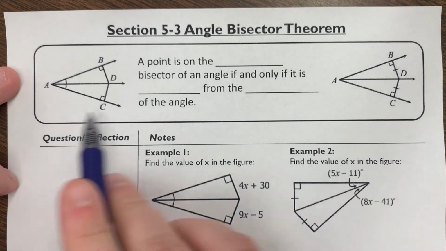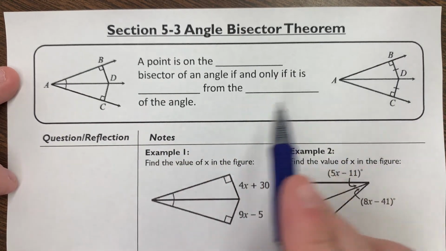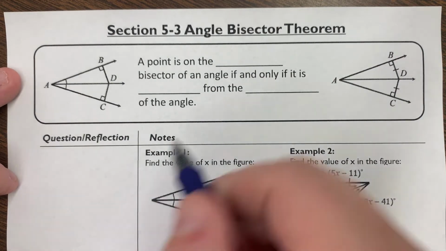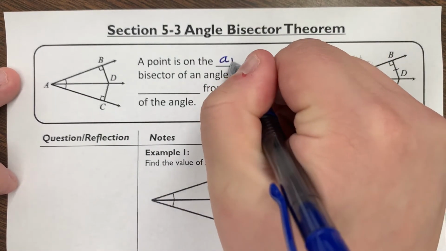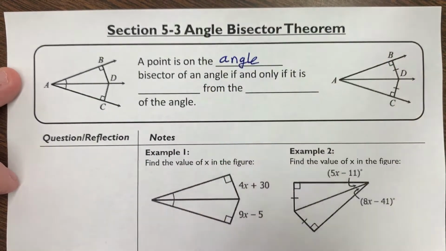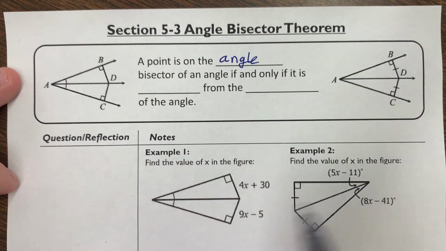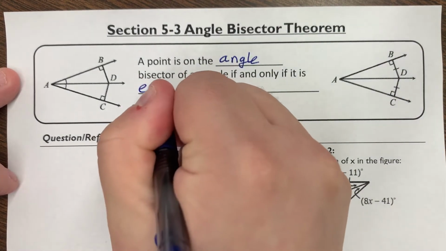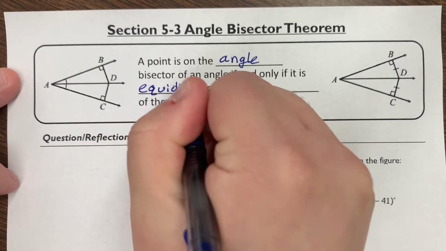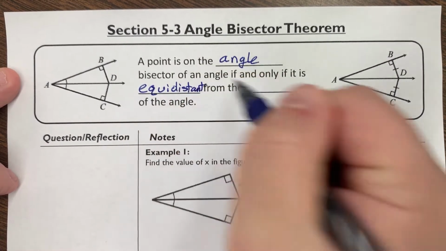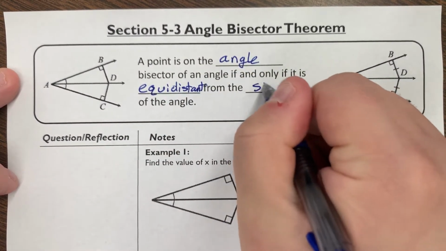So we have two pictures here that are based off of this single sentence in the middle. A point is located on the angle bisector of any angle if and only if it is equidistant from the two sides of the angle.